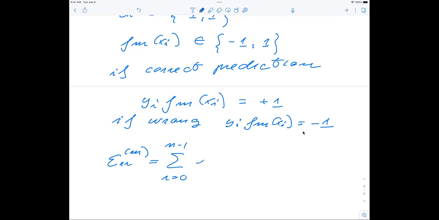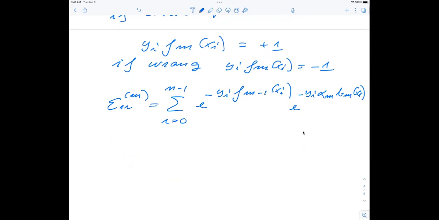And then we have an e to the minus, and we have y of i. And then we have the previous value, f n minus 1 of x of i. So I'm simply writing out the function here. And then I have multiplied with e to the minus y of i, I have this parameter alpha n multiplied with this b n of x of i.